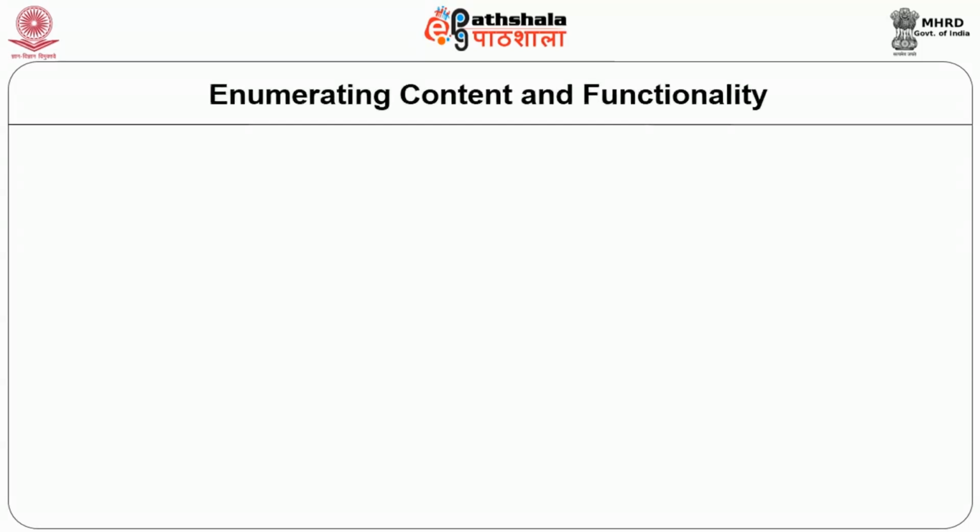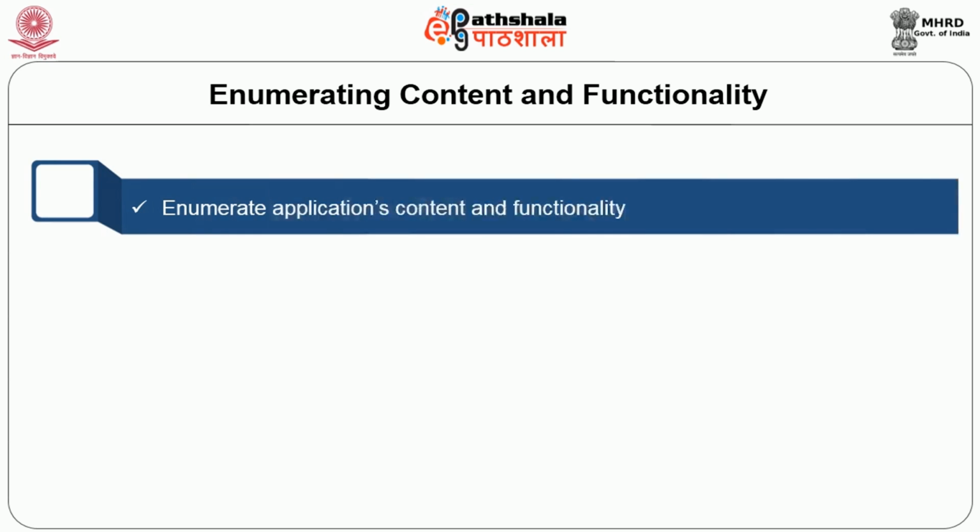So what an adversary will do is try to find out the application's functionality, and based on that, try to manipulate and attack the website. We will start by saying exactly what enumeration of content and functionality means. If an attacker wants to attack an application, the first and prime thing is to gather the application's details by examining some key information, and get a better understanding of how the application is organized and what it is doing.